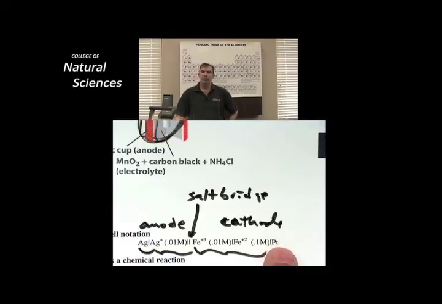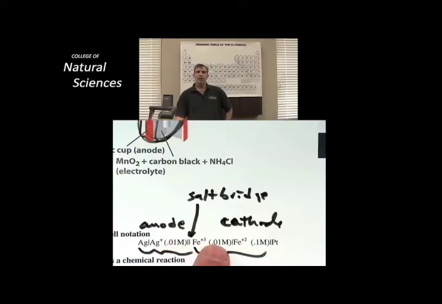And then that line right there separates the two chemical species. So you ought to be able to learn to visualize in your head as you look at this. Anode on the left, cathode on the right, salt bridge in the middle, the half cell reaction separated by a vertical line, half cell reaction separated by a vertical line, and the actual concentrations of the gases or the aqueous solutions also provided.